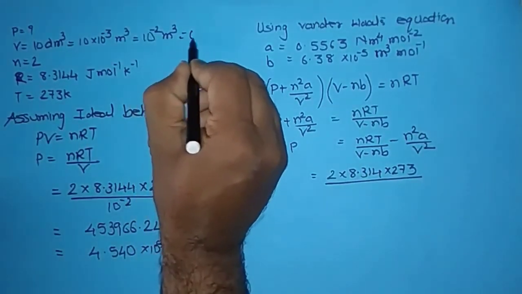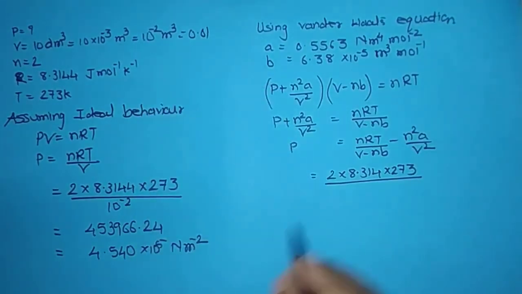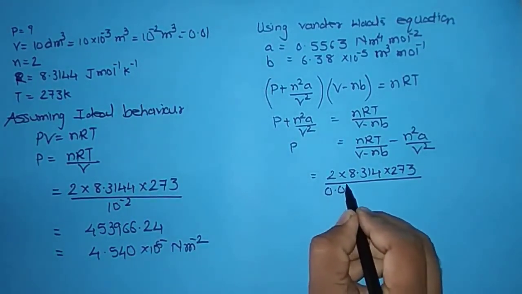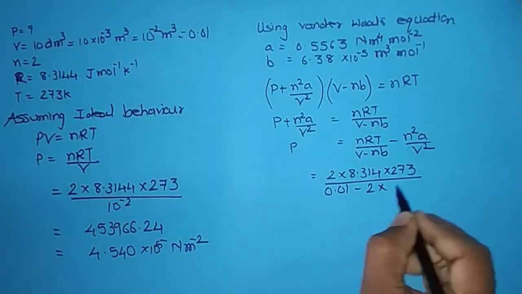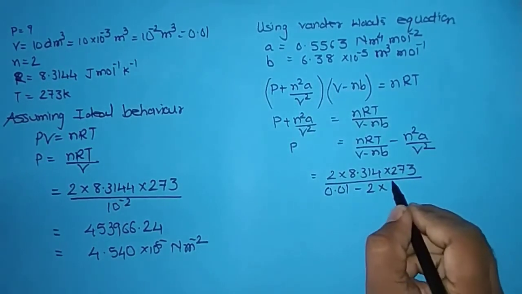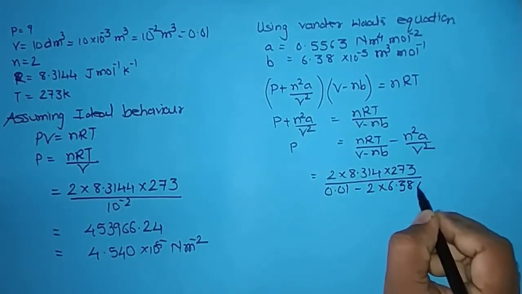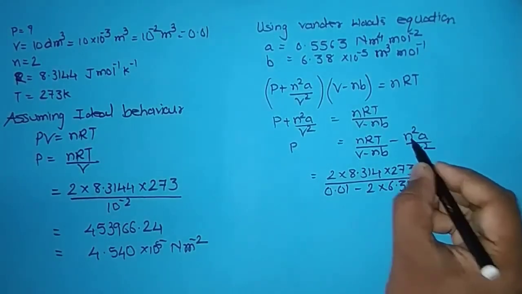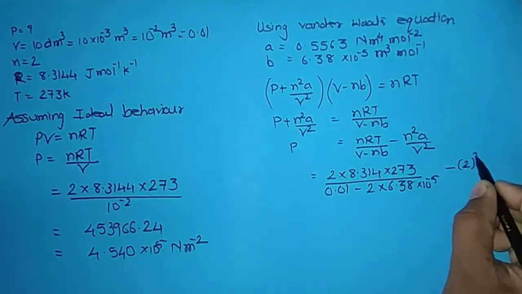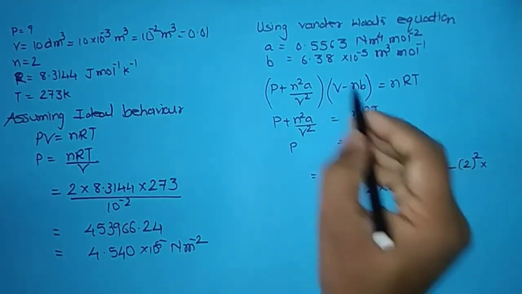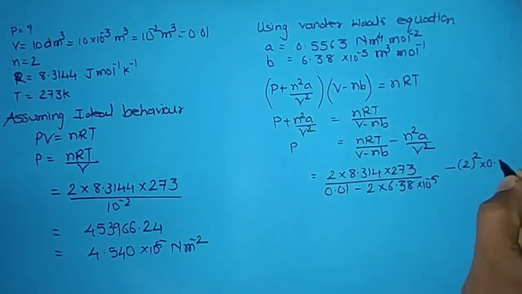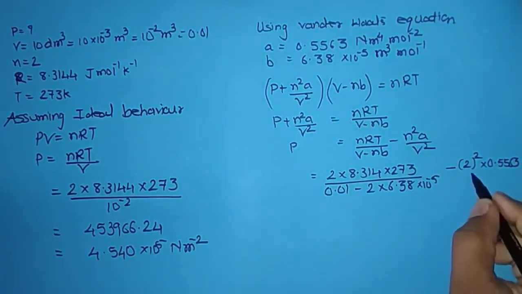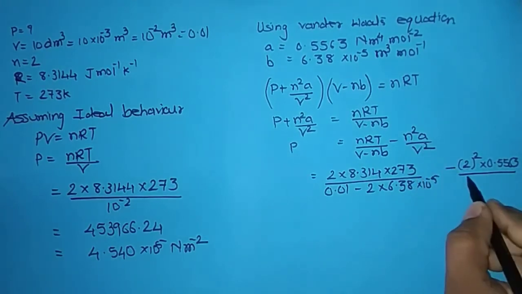So we can write it as 0.01 minus 2 into the value for B, 6.38 into 10 raised to minus 5, minus n square, n is 2, and the value for A is given as 0.5563, divided by V square, that is 0.01 square.